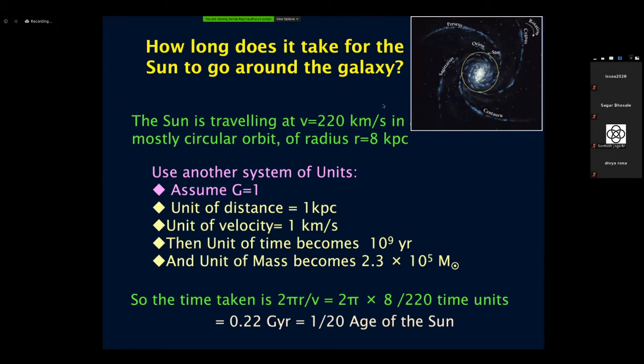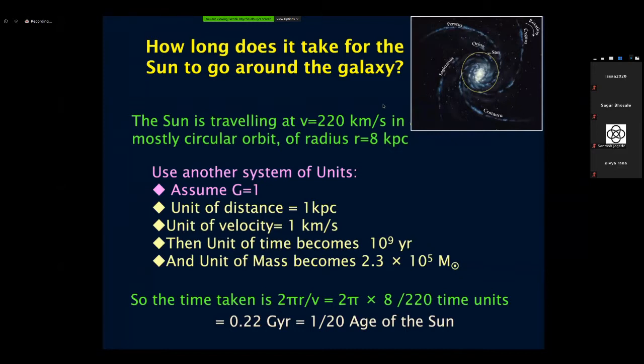So what has happened is that the sun and the solar system has gone around the galaxy in its lifetime about 20 times. Okay? This is a very interesting and surprising result, because it just means that we have traveled the galaxy as the galaxy turns.